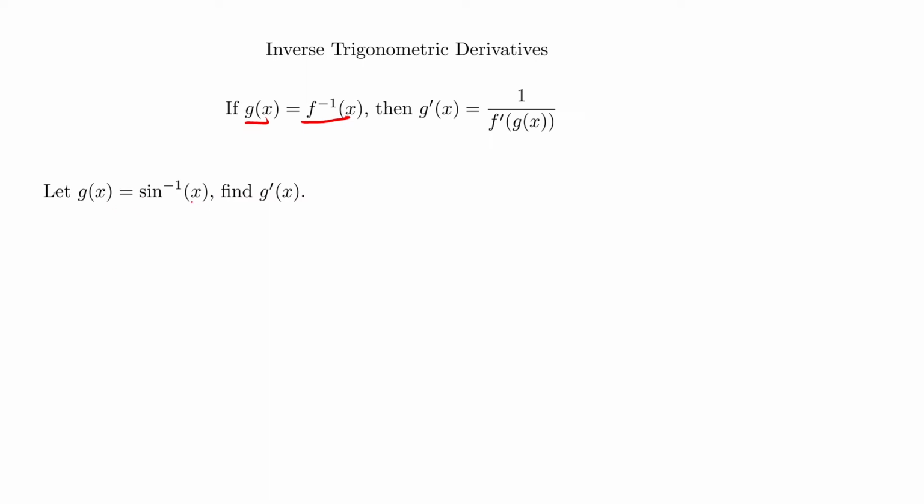Now, the inverse sine function is sometimes known as the arc sine function. Again, this is not the same thing as cosecant. So sine inverse of x is not the same thing as 1 over sine of x. Instead, it's a function where if y is equal to sine of x, then x is equal to sine of y.